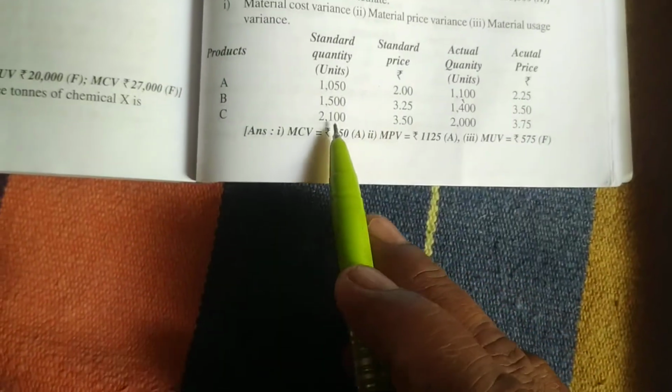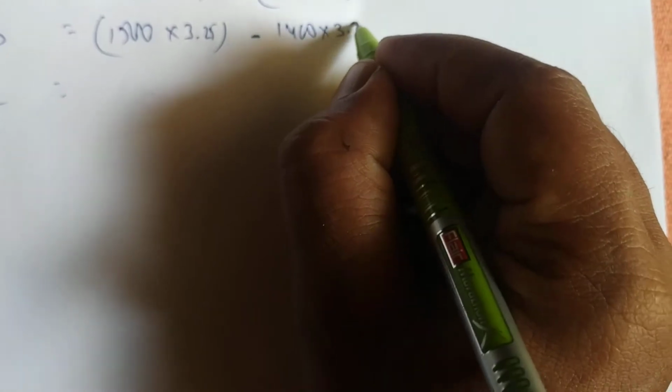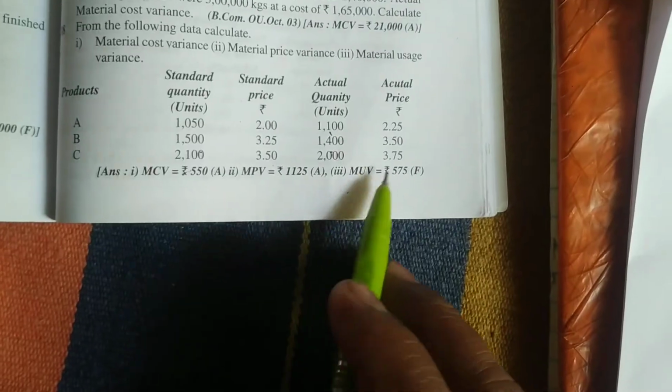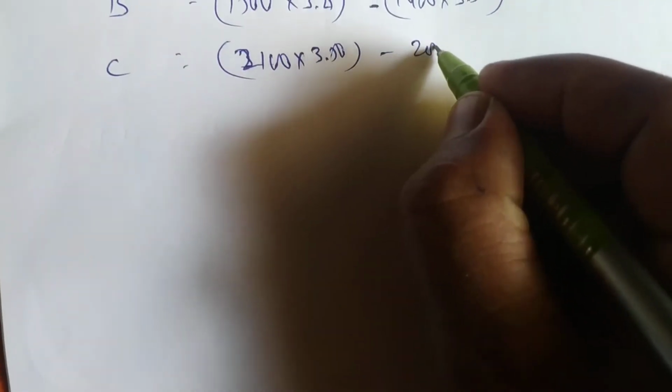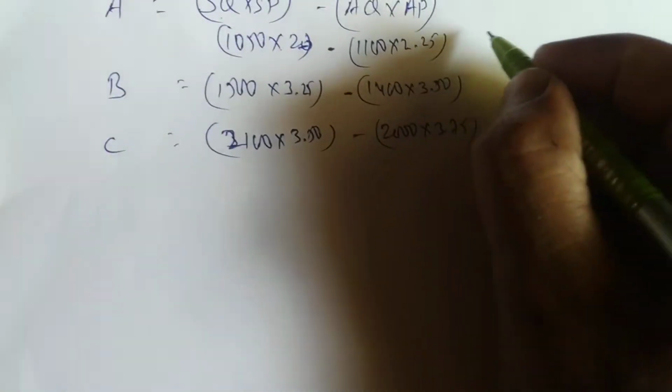Next again for B is 1500 into 3.25 minus, for B actual is 1400 into 3.50. Okay, C also 2100 into 3.50 minus 2000 into 3.75. Okay, now let us do calculations.